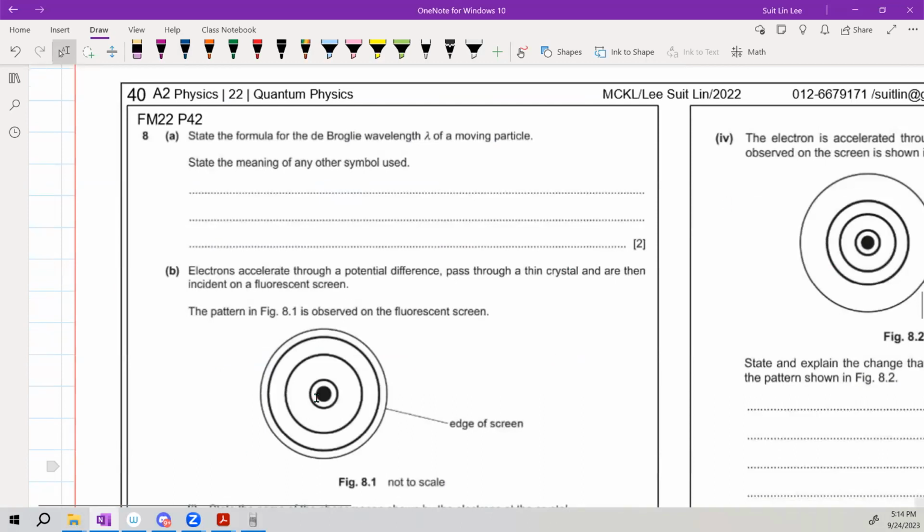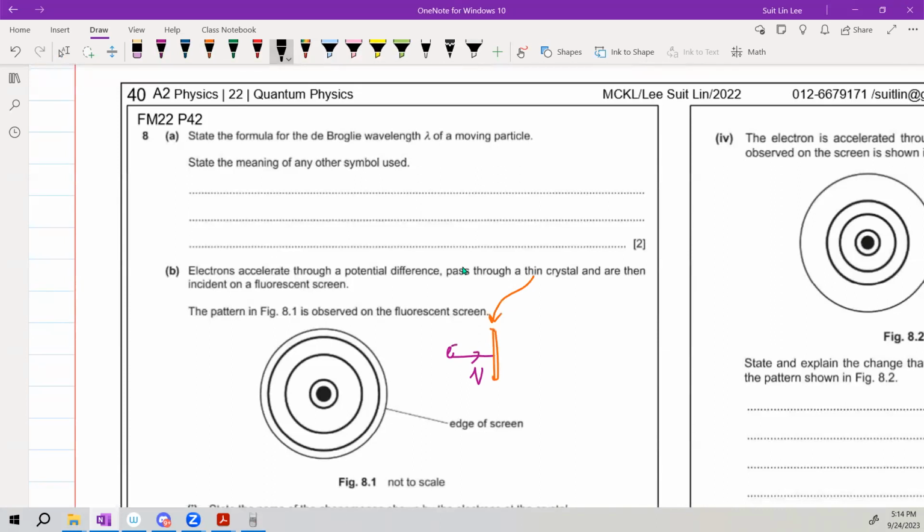So in this question, they show us the electron diffraction observation. If you look at your notes, I put a color picture. Generally, we will accelerate the electron through a potential difference, so the electron will have a certain speed v. This is the electron, and then we shoot it through a thin layer of crystal. This is the thin crystal.